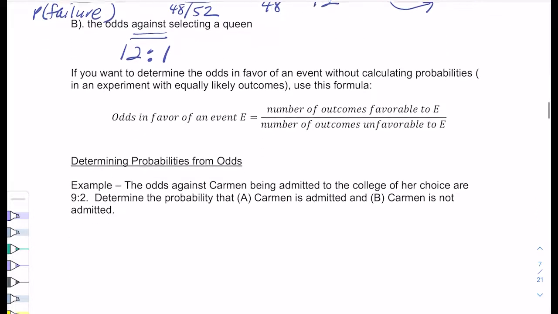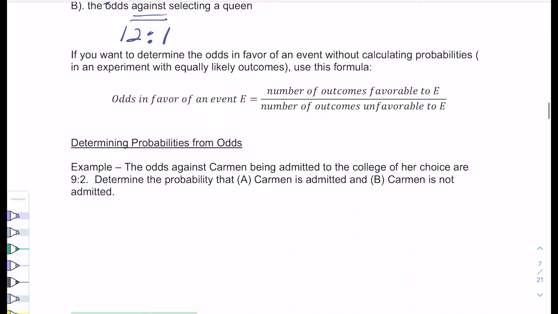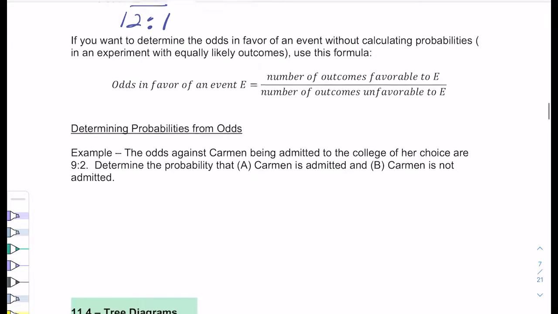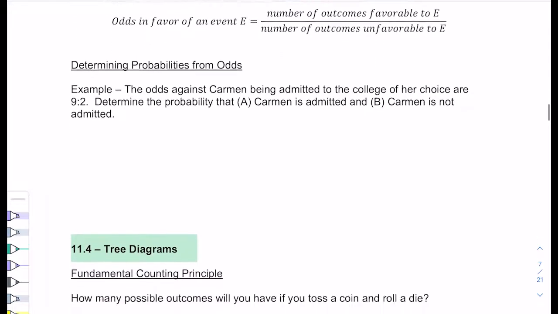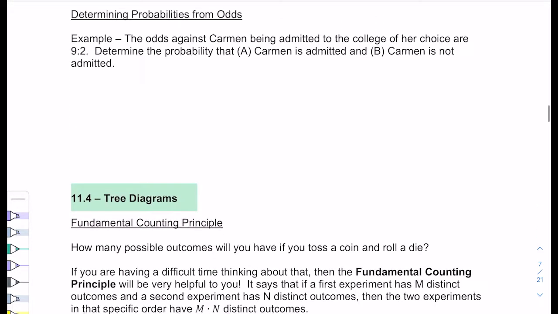In this last part, we just discussed quickly trying to figure out odds in favor of an event without using probabilities. So how do we determine probabilities from odds? The odds against Carmen being admitted to the college of her choice are 9 to 2. Determine the probability that A, Carmen is admitted, and B, Carmen is not admitted. Now we're given odds and we have to work backwards to figure out the probability.